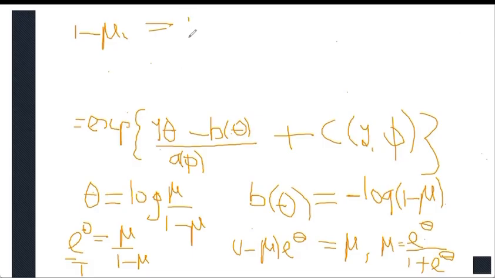So I'm going to do 1 minus e raised to power theta divided by 1 plus e raised to power theta.